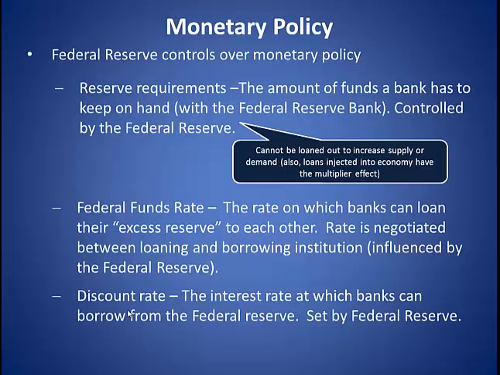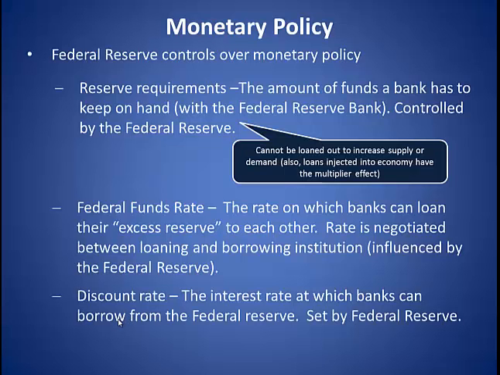If a bank has funds available over and above its Federal Reserve reserve requirements and isn't utilizing them, it can loan those funds to other banks that are just meeting their Federal Reserve requirements but have the capability to make additional loans into the economy. The discount rate is the interest rate at which banks can borrow from the Federal Reserve, and that's set by the Federal Reserve.